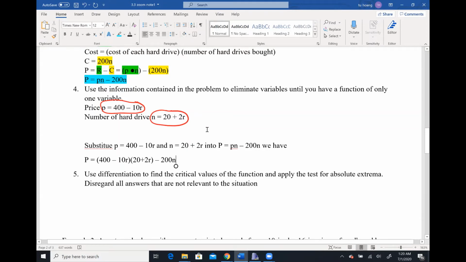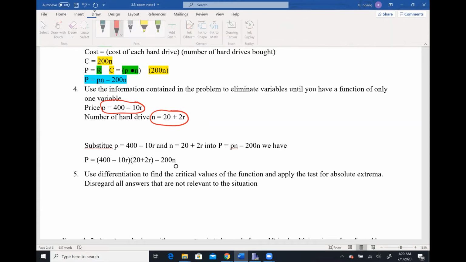So, yes, maybe I have to label. I know that P is here, so P here, and then N, another color.